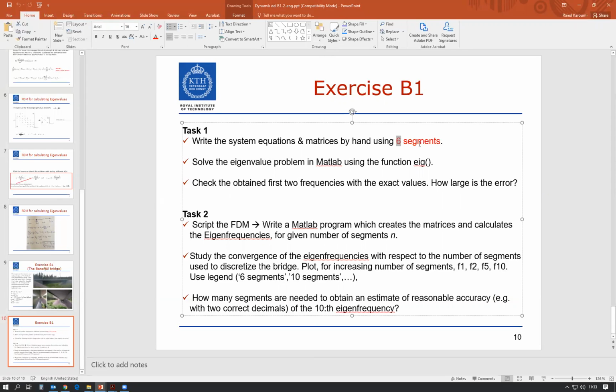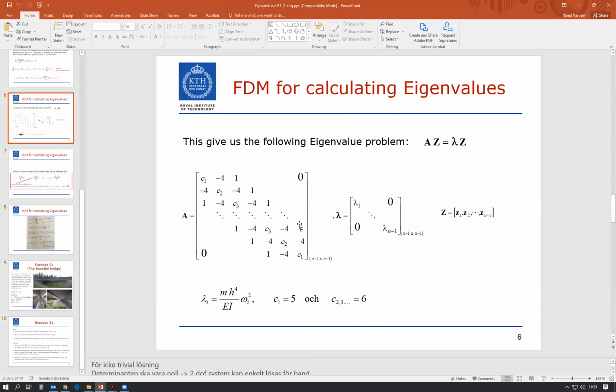Okay, you can, of course, if you want, in weeks, but otherwise you can program this for a general number n of segments. So the question is, how can you enter this in MATLAB for an n-1 by n-1 matrix?